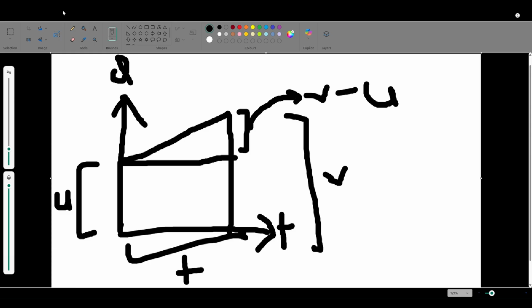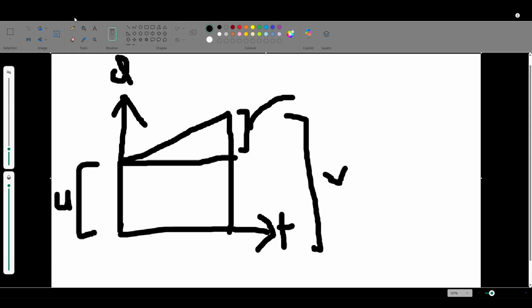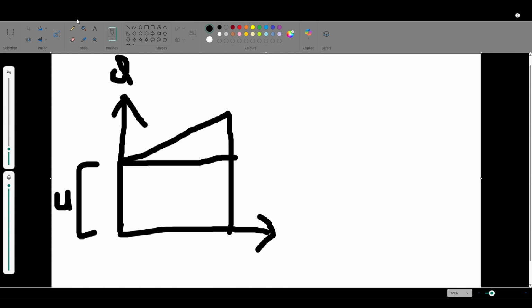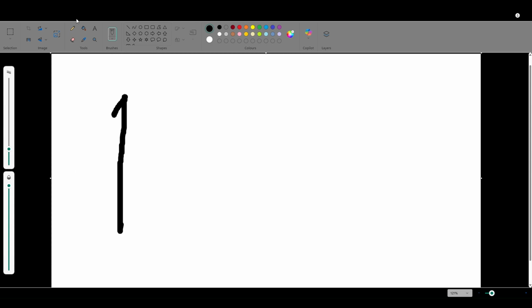And now that you know the components of the graph, we will begin with our first derivation. First of all, I will make the graph a bit cleaner for you to understand.